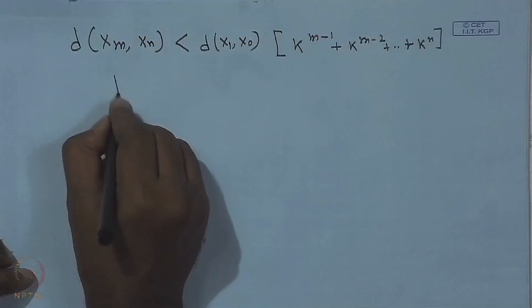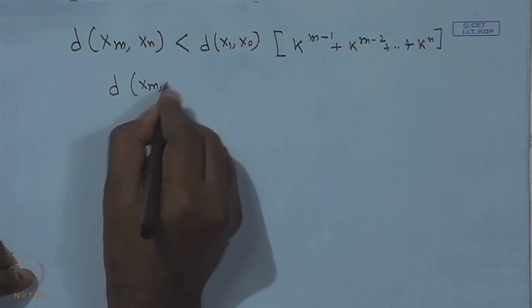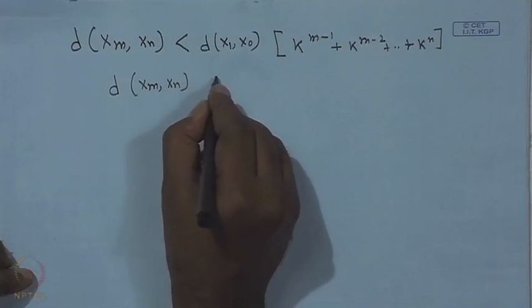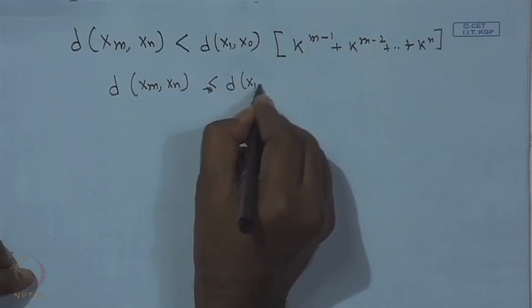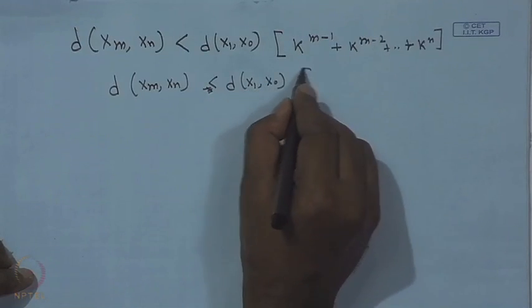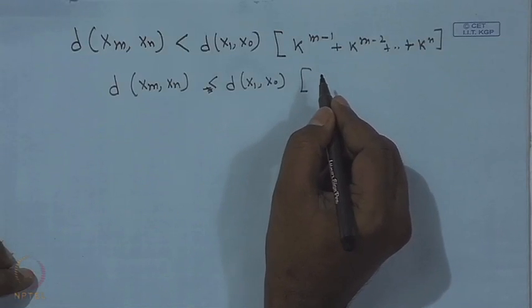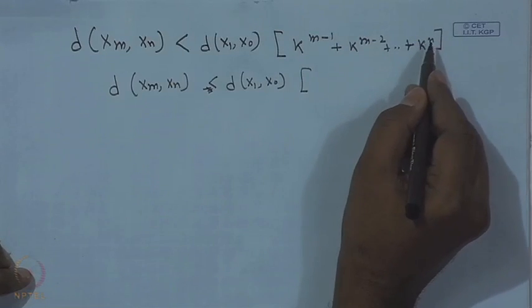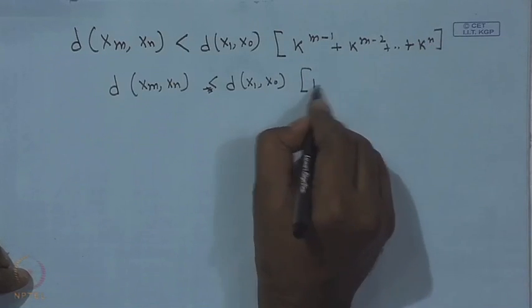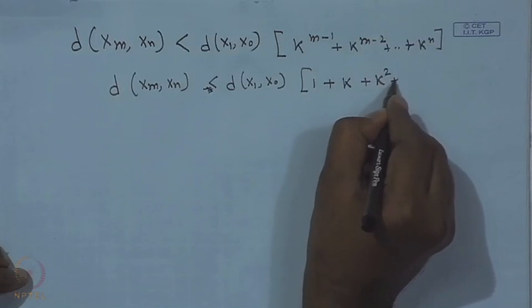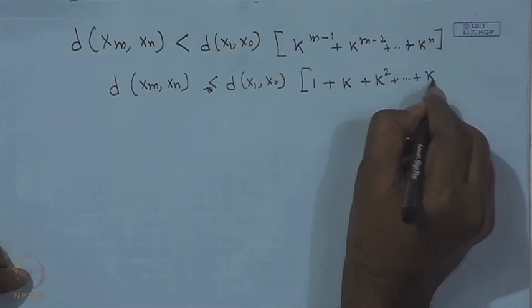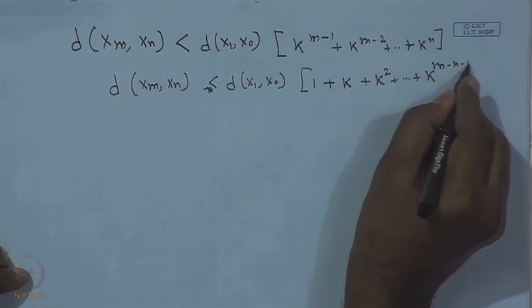So, metric between x m and x n can be written as metric between x1 and x0 times this series, where we can take k to the power n as common. So, this becomes 1 plus k plus k square up to k to the power m-n-1.